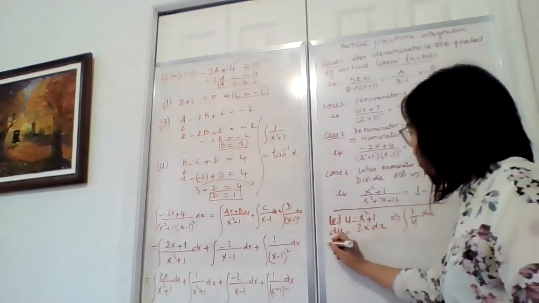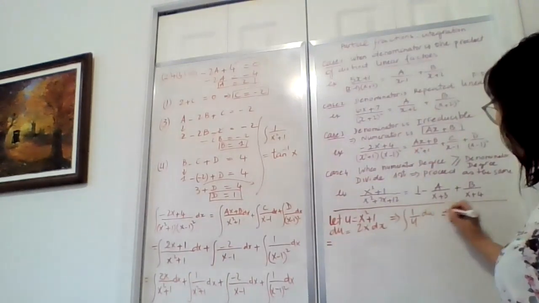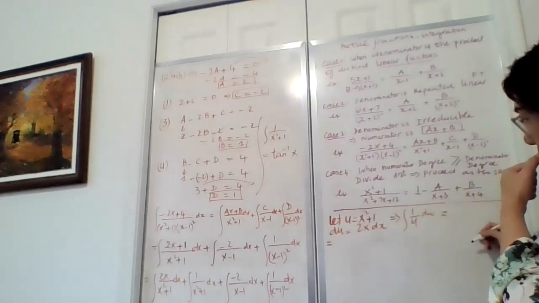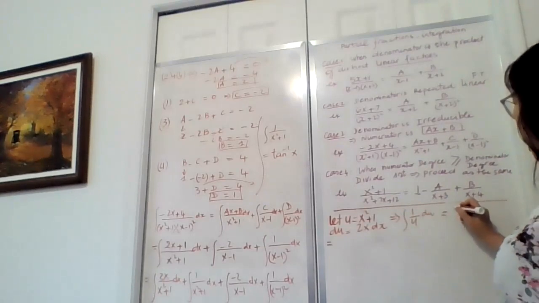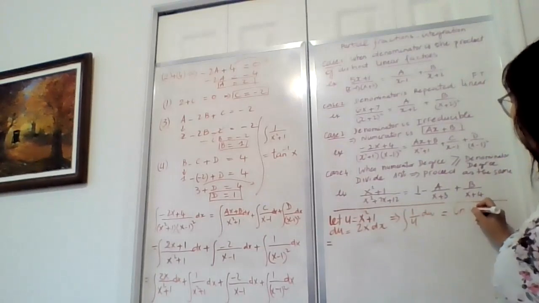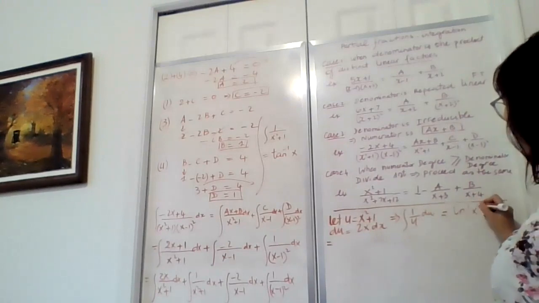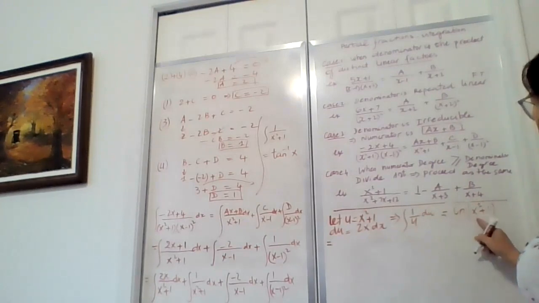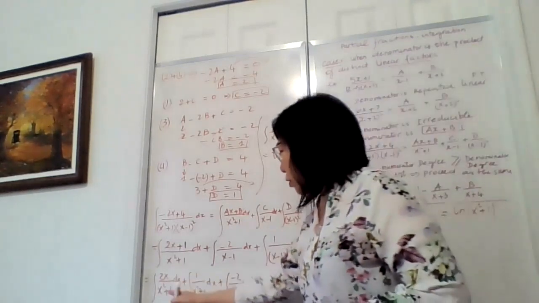Okay. So now when we integrate, 1 over u is ln u, right? So that equals ln u, and we say u equals that. So it just equals ln of x squared plus 1 when we substitute back. Okay, so that is done for the first one.